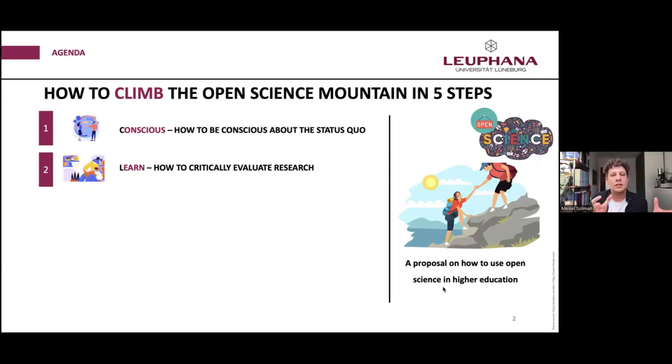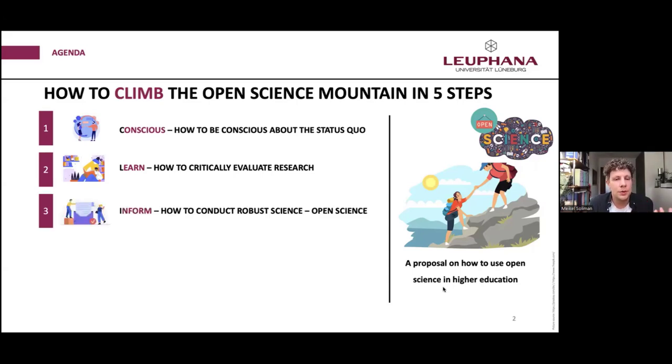And based on that consciousness and that learning on how to critically evaluate research, what I then propose is to inform that open science might be one means to an end, and that you can actually conduct research that can be replicated, and that also answers some of the questions when you ask yourself how to critically evaluate that research.